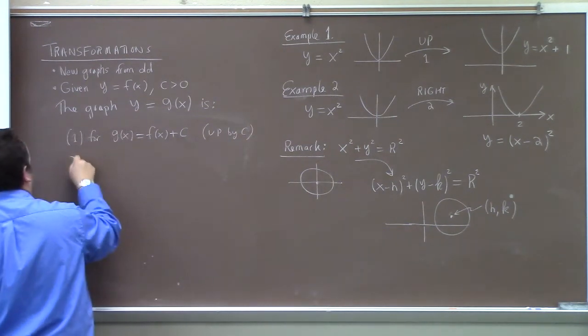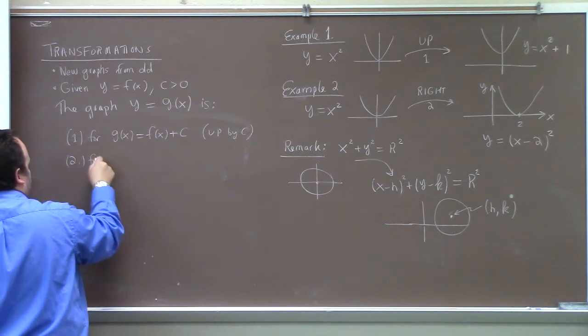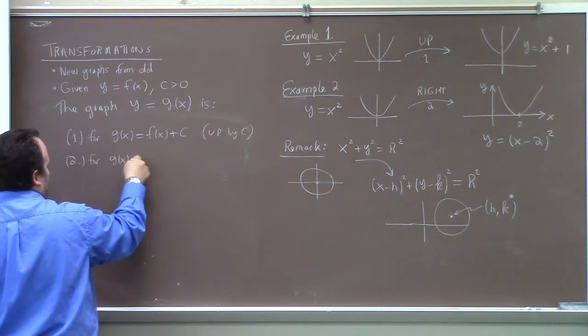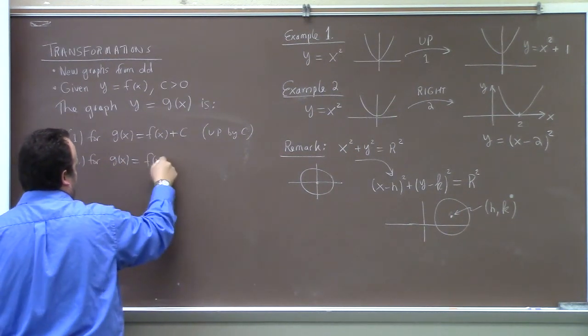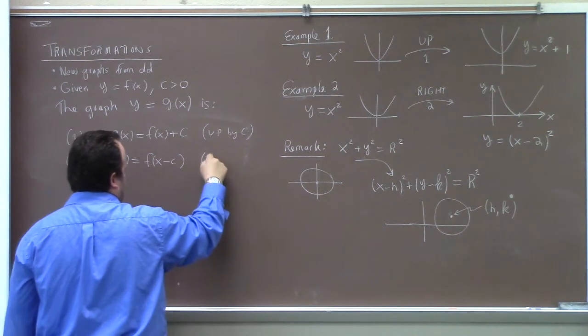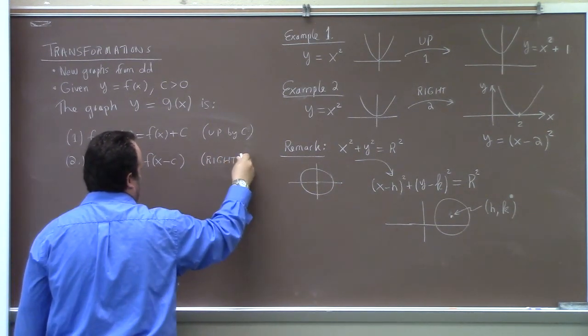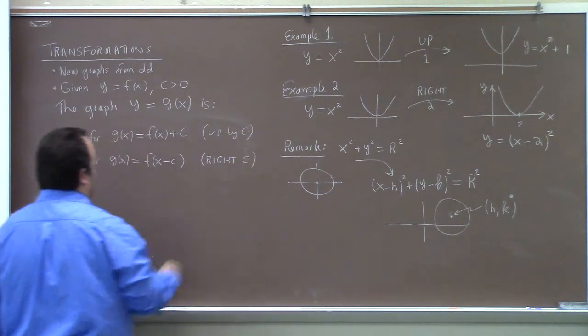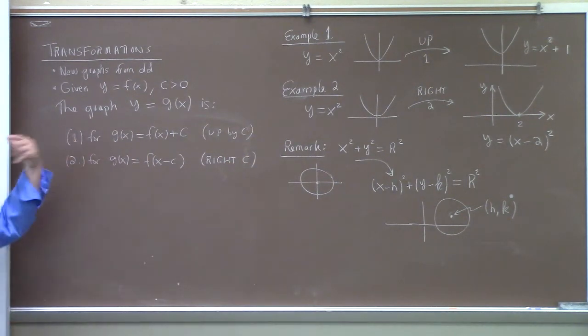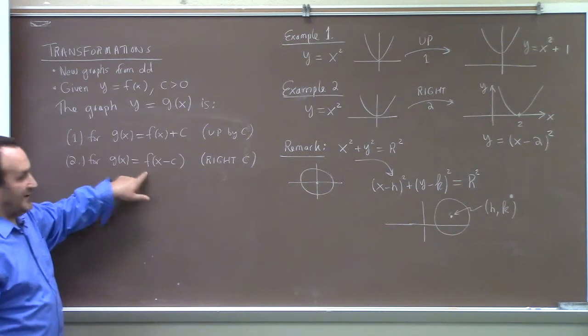Sorry, I'm having trouble with my grammar today. For g of x equals f of x minus c, right. You don't have to erase your notes, by the way. I think you can see what I was saying. The g of x is defined in terms of the f of x. I'm saying g of x is the new function, where we're modifying the old function, all right? And I had written my modifications in terms of g again. It didn't make any sense. I meant to put f of x here and f of x there.